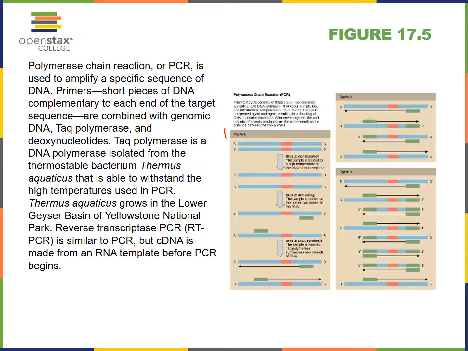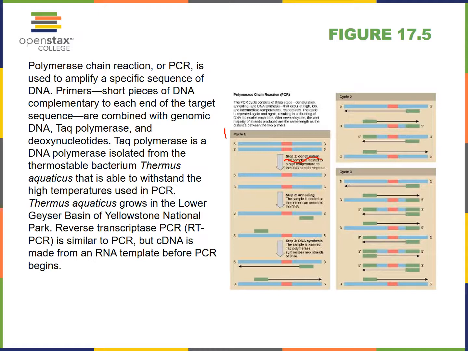So the first step in the PCR cycle is denaturation. Denaturation is a way to get DNA from being double-stranded to single-stranded. So in DNA replication, helicase first had to separate the two strands so that they could act as templates.